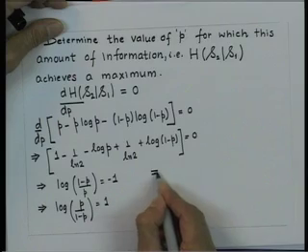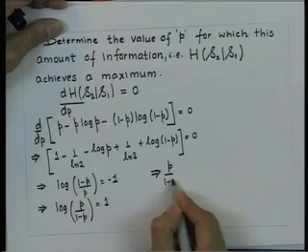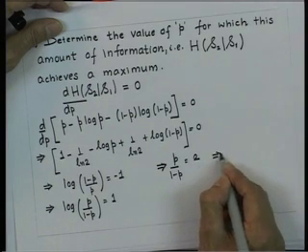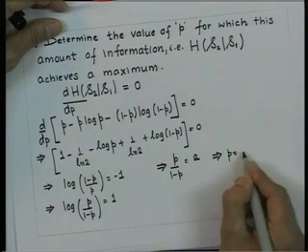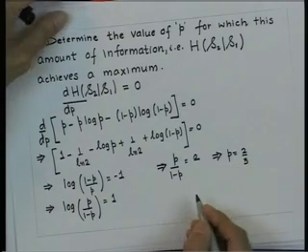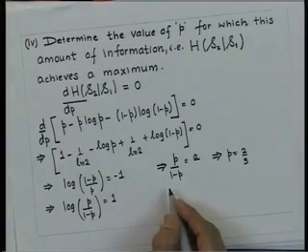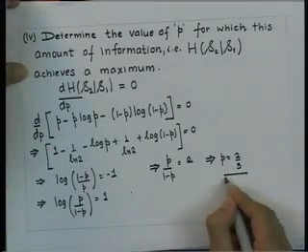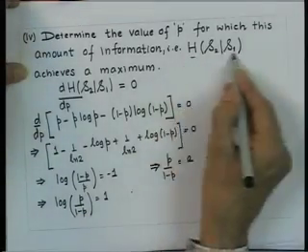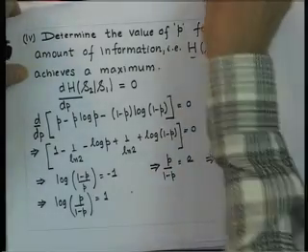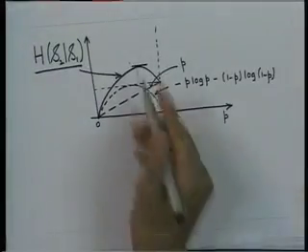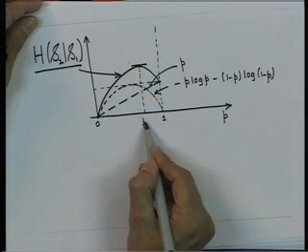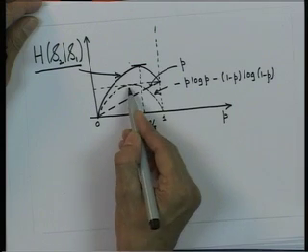Therefore, p over 1 minus p is equal to 2, and this implies that p is equal to 2 by 3. So, this is the value at which the maximum will occur. So, in this graph, this maximum value will occur for p equal to 2 by 3.